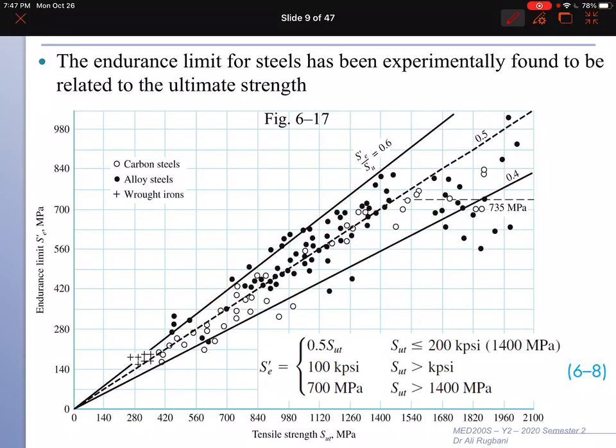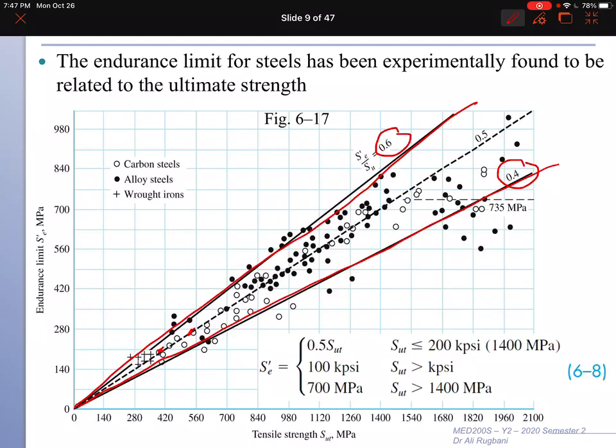So if you look at this curve, you see that is failure. All points here are failure, and all failures happen between 0.6 and 0.4 of ultimate strength. So endurance strength is limited between 0.4 and 0.6.